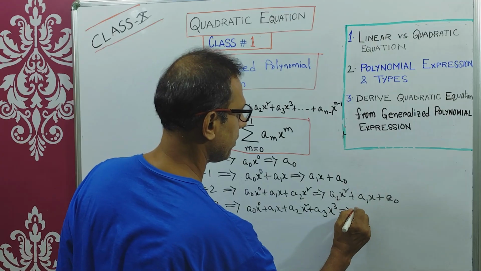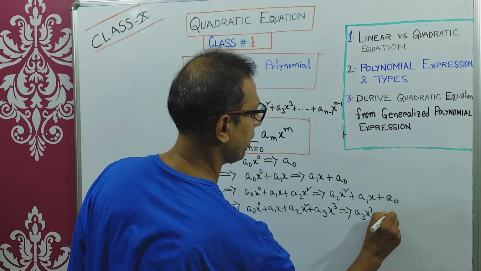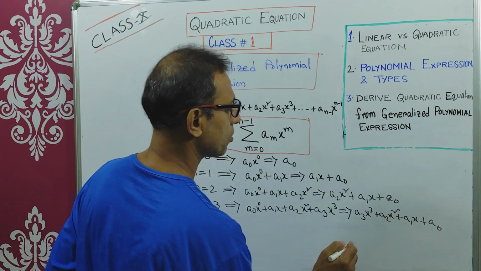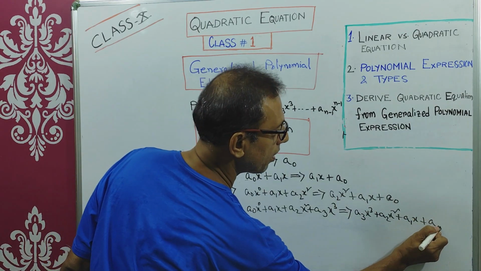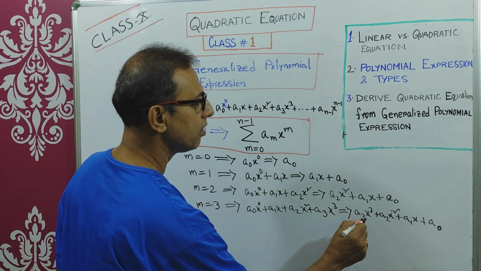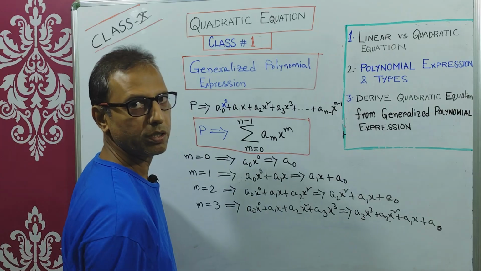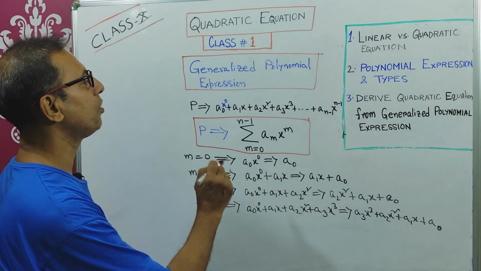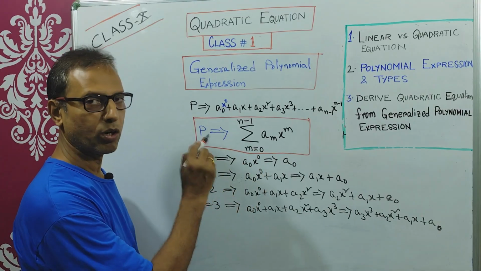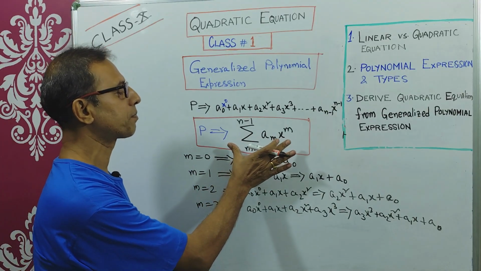So you will arrange in this order, a3 x cube plus a2 x square plus a1 x plus a0. So there are 4 terms. So it is a quadrinomial, right? And degree of equation is maximum power of the variable 3. So quadrinomial cubic expression. So that is how you can derive any degree of equation with the number of terms: monomial, binomial, trinomial, quadrinomial, and that's how from the generalized expression of polynomial expression.